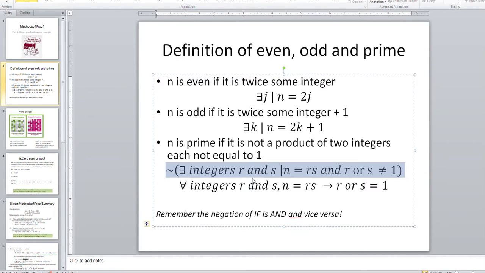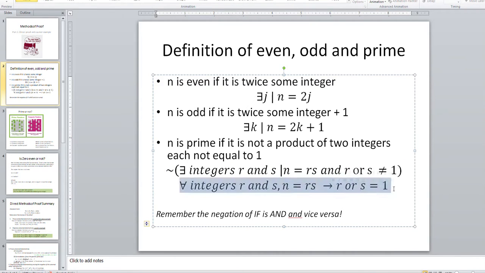So n is prime if it's not a product, is the same way as saying n is prime if it has two factors, one of which is not equal to 1. I don't know. In any case, this is the formal way of making that statement. So, one key thing to note is we need two factors, and one of them can't be equal to 1.